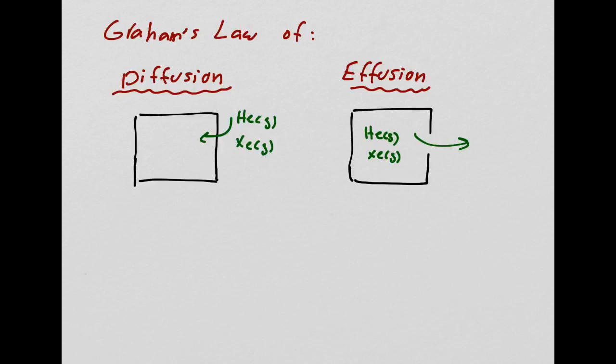Now, let's say we have two gases here, right? Which one is going to fill up the box faster? Or which one is going to escape the box faster? What do you think? The one that is lighter, right?